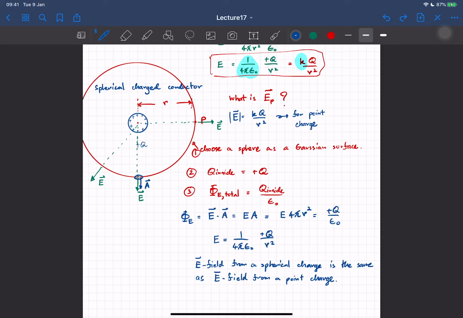So this is a case where applying Gauss' law is very good because it saves a lot of work. And it's a very important result because you're going to see this quite a few times: the electric field from a sphere, not a point charge, actually has the same formula as the electric field from a point charge.